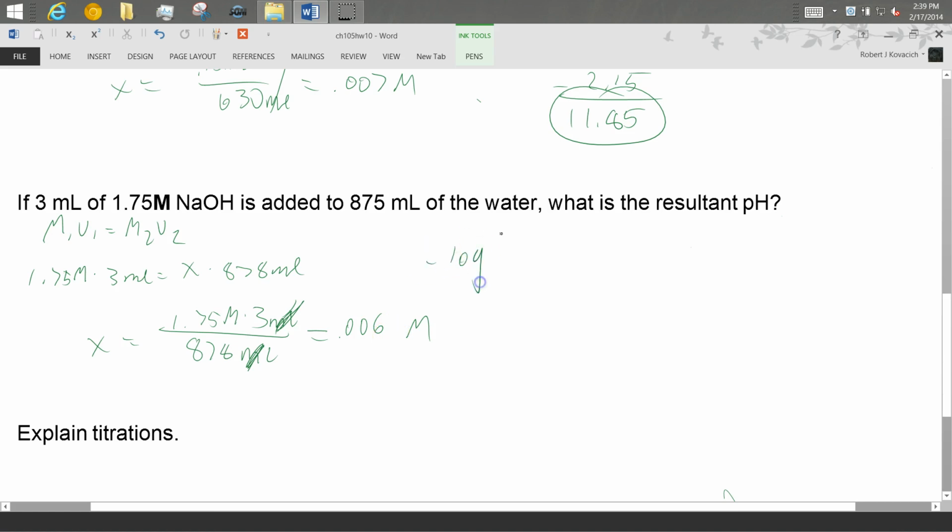Negative log of 0.006. Uh, 11.78 for my pH. Okay.